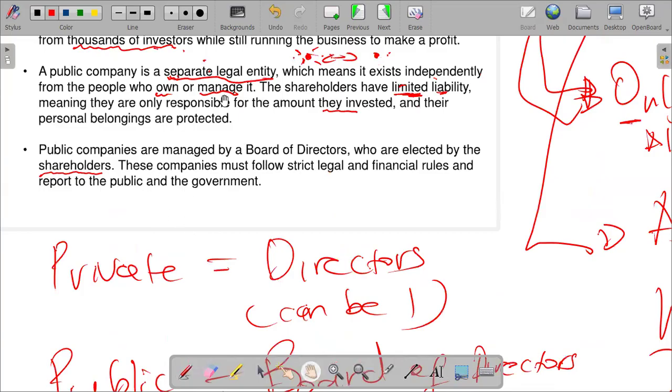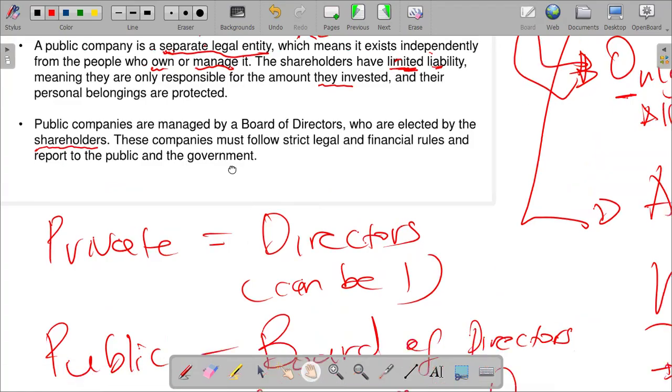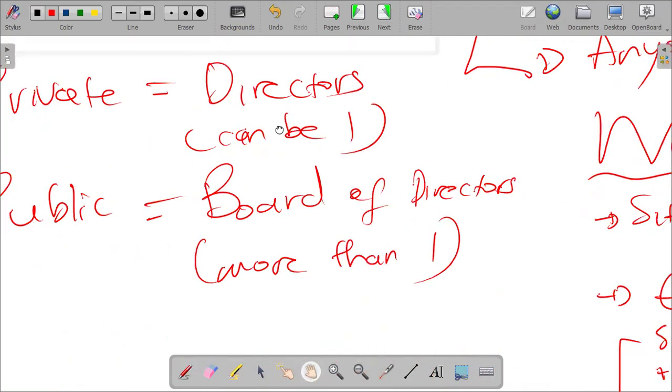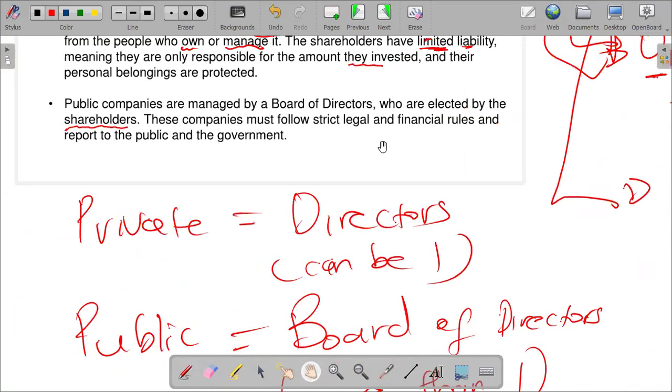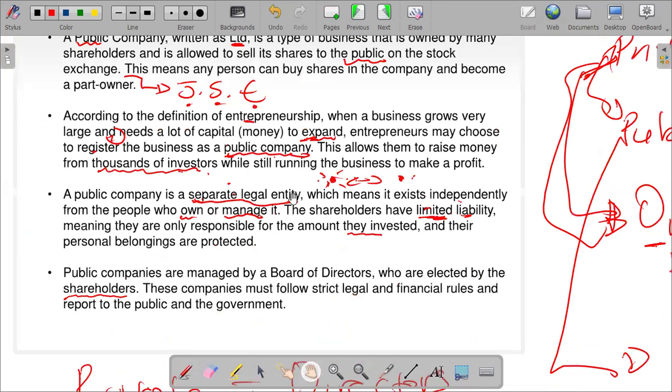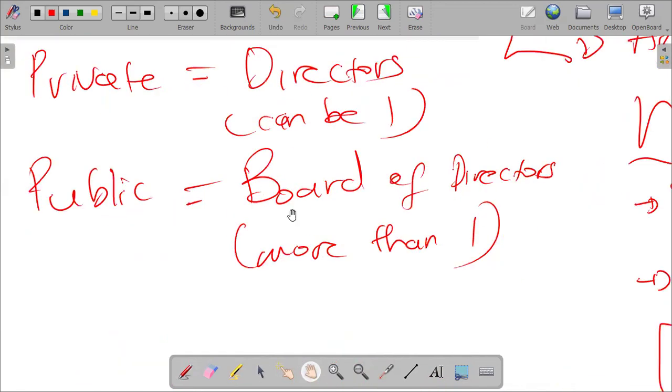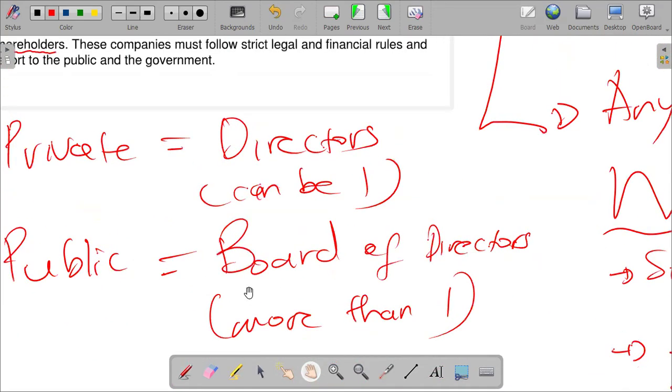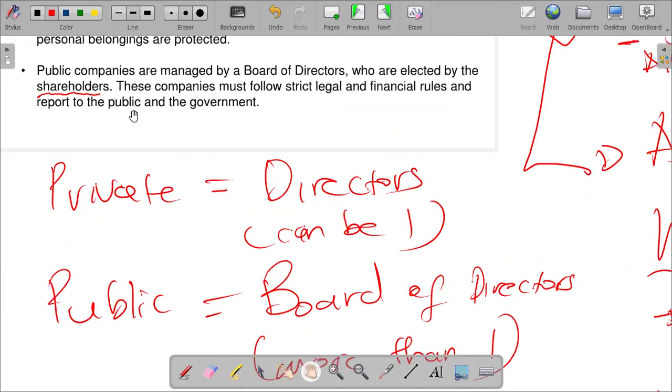So these companies must also follow strict legal and financial rules and report. As I said, with the private company, the directors are responsible for the legal obligations and the financial records, keeping records and reports so that they can show them to the CIPC. In a public company, the board of directors will show this to the public and the government.